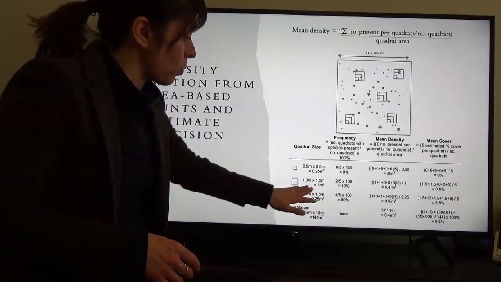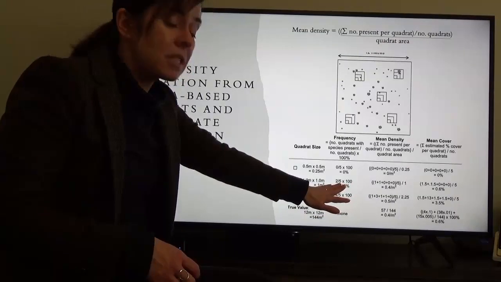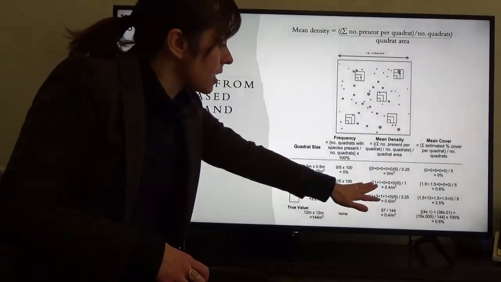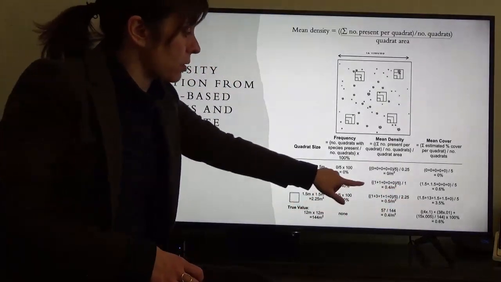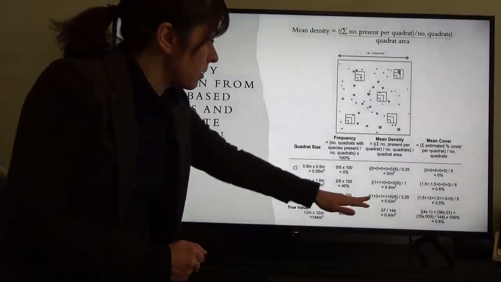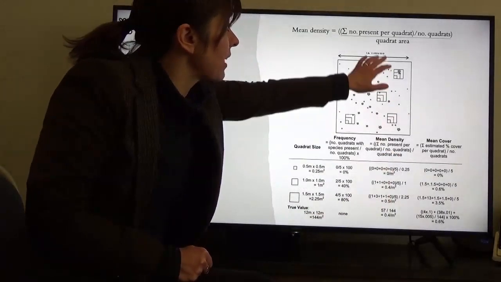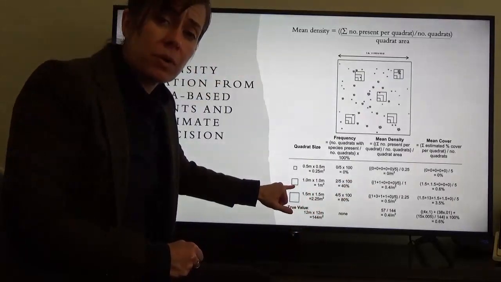But in, let's say, the 1 by 1 meter quadrat, we had 2 instances where the species was present in the quadrat. So that's 2 divided by 5 because they're 1 meter square quadrats. So 2 individuals just divide by 5 meters squared. And then divide that by the quadrat area. In this case, our quadrat area is 1 meter squared.